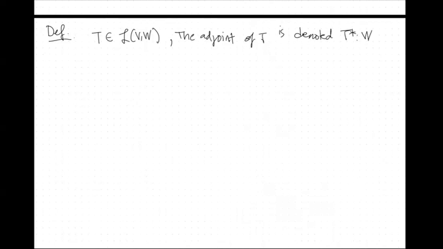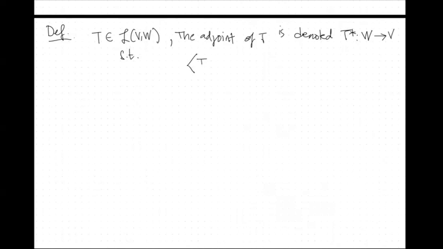So here, T is a linear map from V to W, and the adjoint of T is denoted T star. This is a map from W to V such that the following is true.